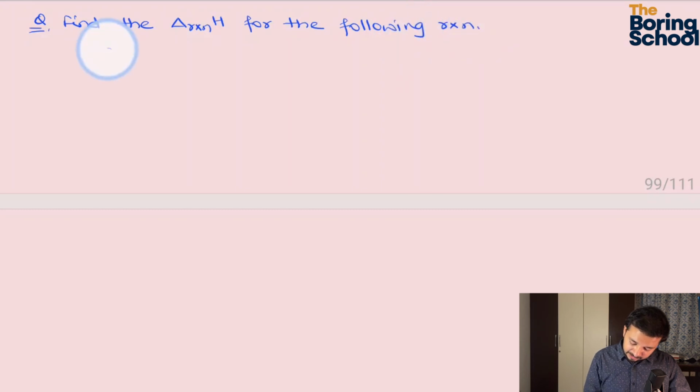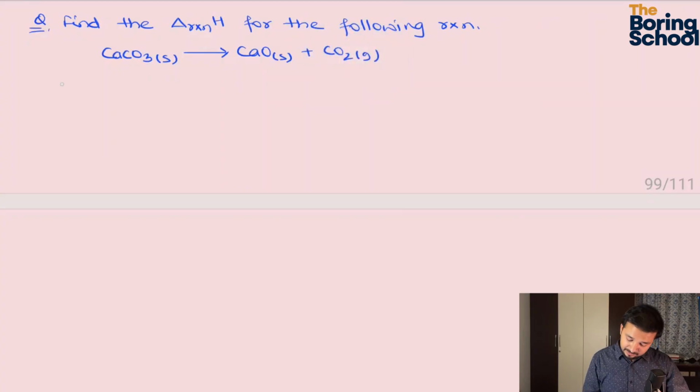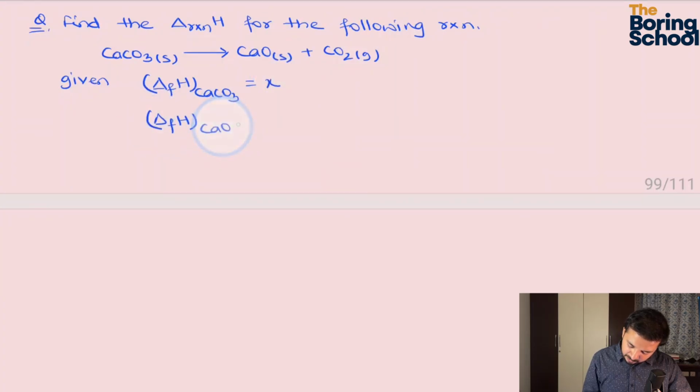The reaction given is CaCO3 solid giving us CaO solid plus CO2 gas. Given: heat of formation of calcium carbonate is equal to X. Heat of formation of calcium oxide is equal to Y. And heat of formation of carbon dioxide is equal to Z.